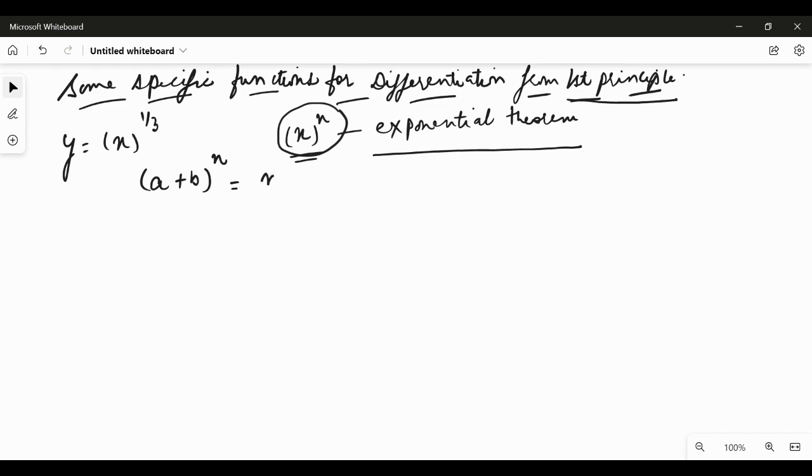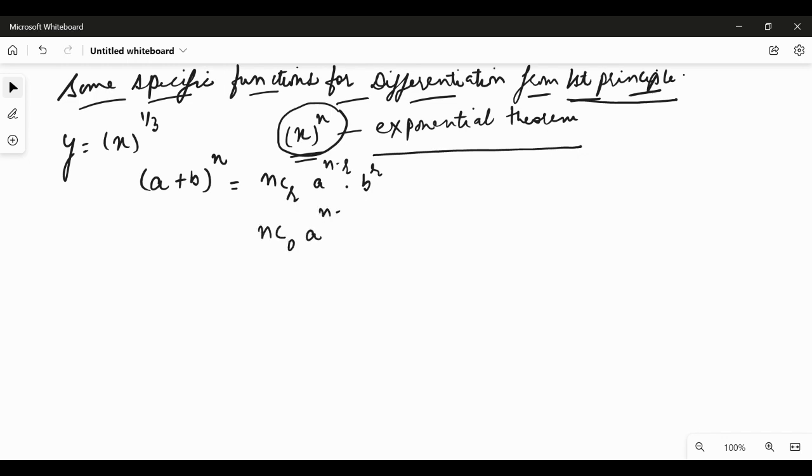It is nCr a power n minus r into b power r, plus, let's suppose here that r starts from 0 and goes to n. So in that case, what would be the formula?